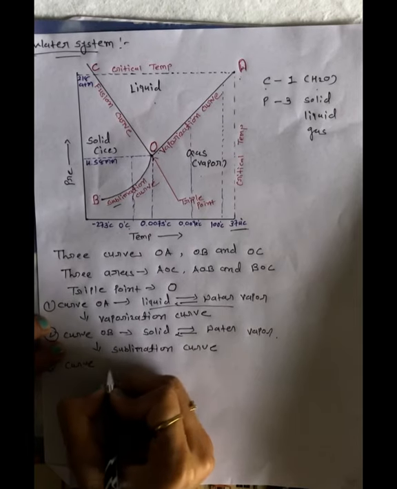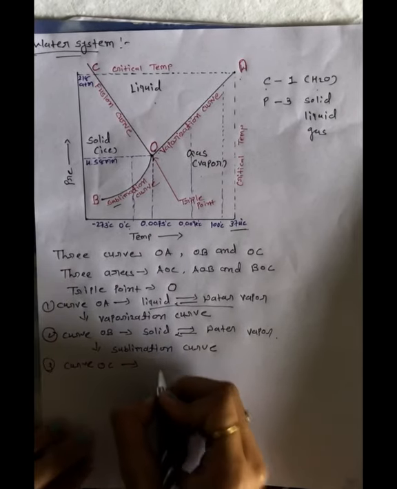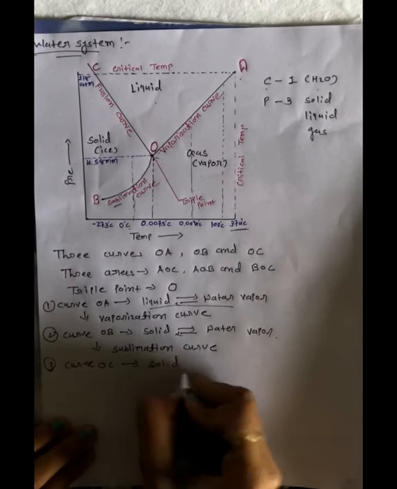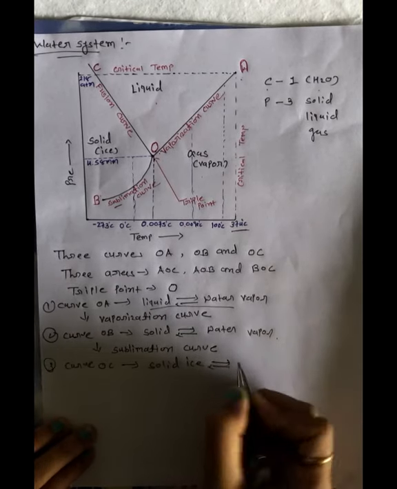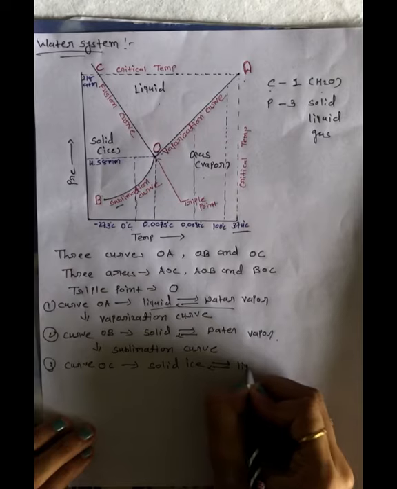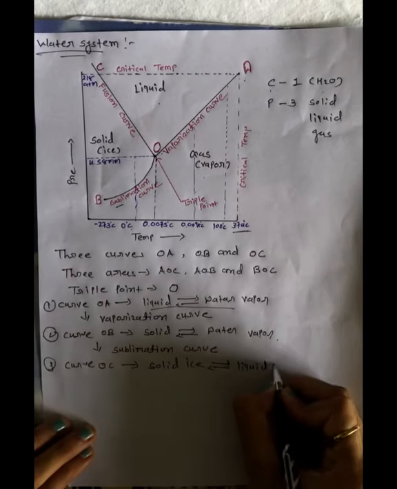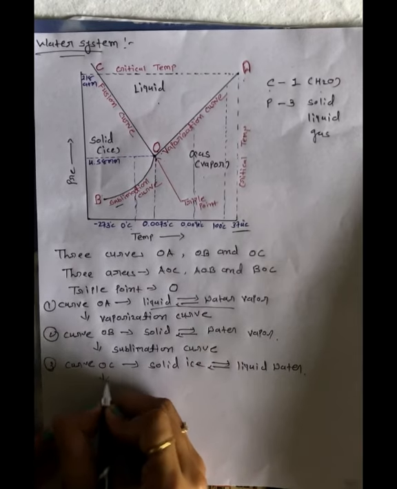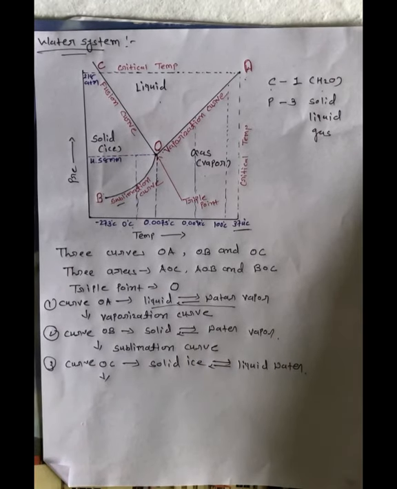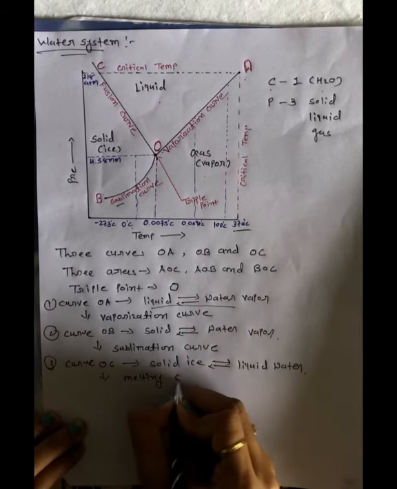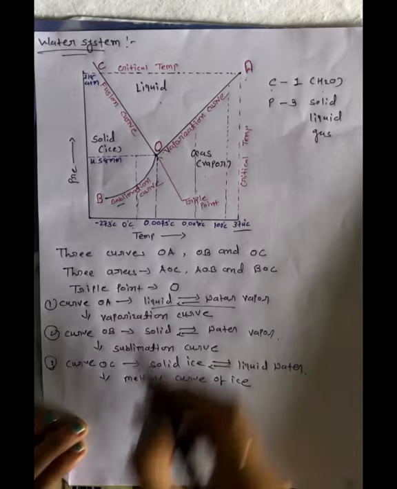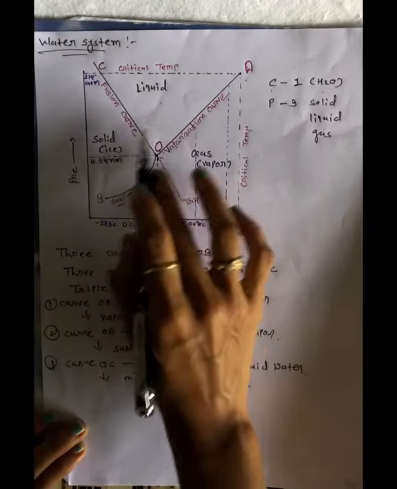Curve OC, it represents solid ice into liquid water. So it is called melting curve. Melting curve of ice. OC, that means this curve, solid and liquid.